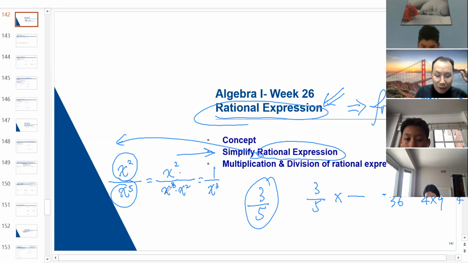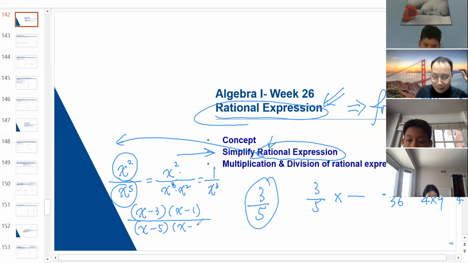And we go to even more complicated cases. A more complicated rational expression has not only one term; there are multiple terms. We introduce very complicated cases, like these kinds of numerators and denominators.